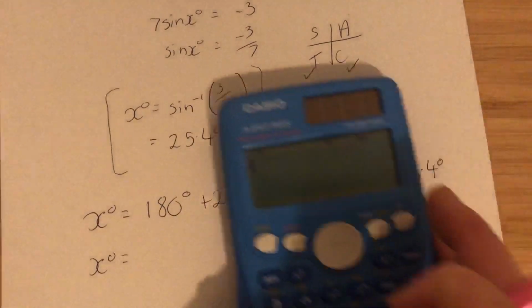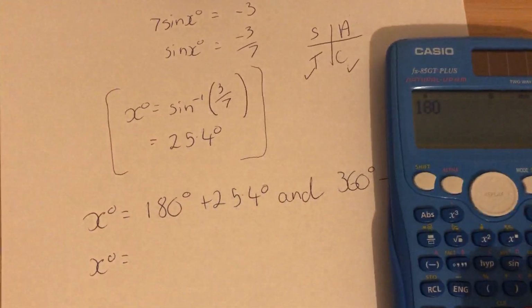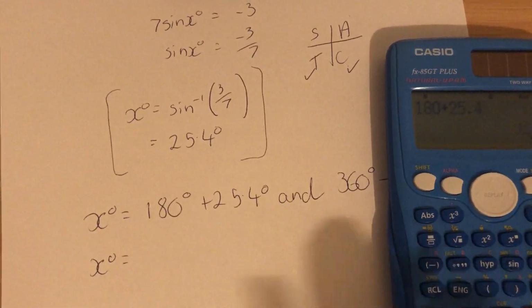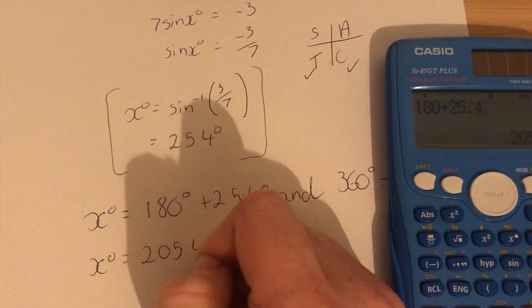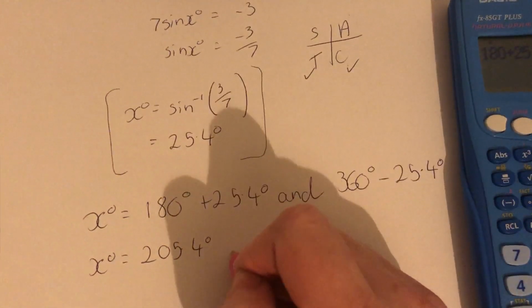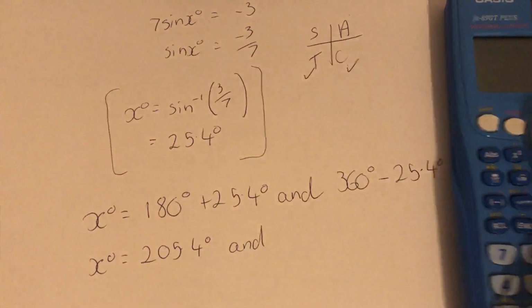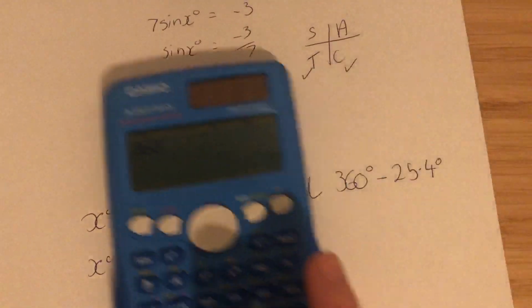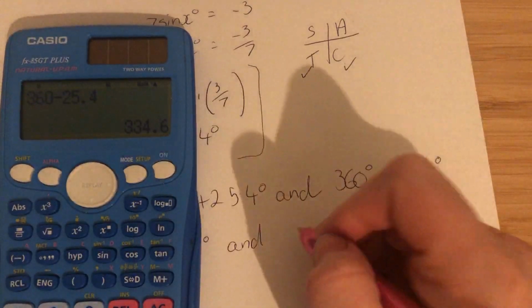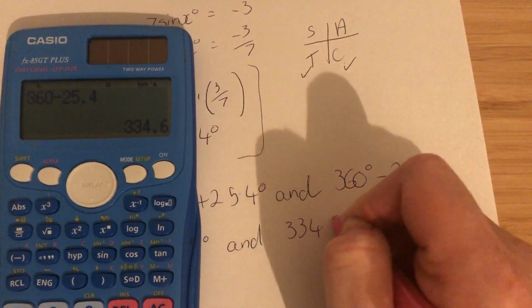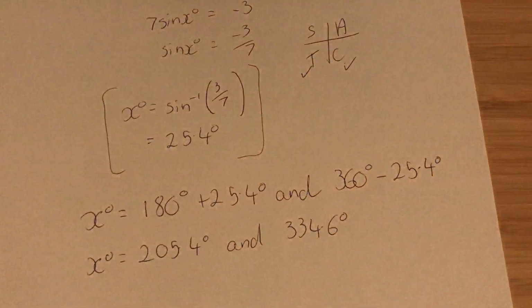And we have our two solutions. 180 plus 25.4, 205.4 degrees. And 360 minus 25.4, 334.6 degrees. And those are your two solutions.